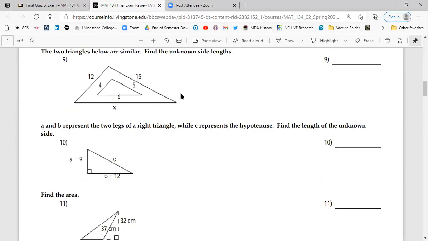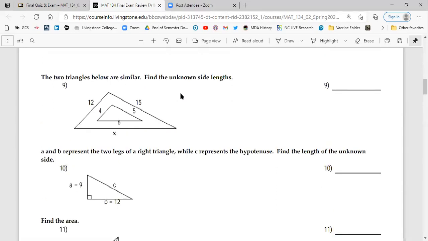2 triangles below are similar. Find the unknown side lengths. Questions with number 9. Basically, you look for the ratios.